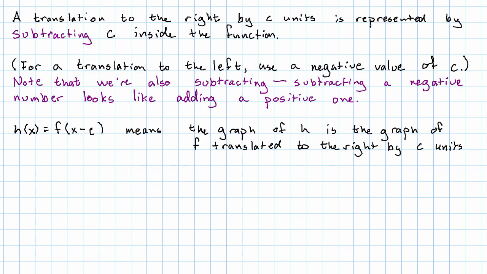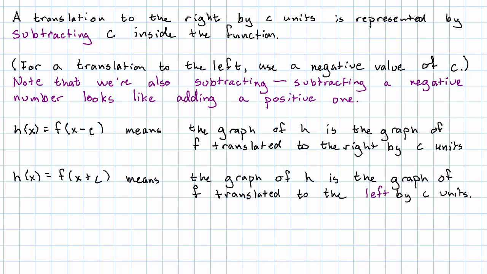We can think of it as f of x minus c means the graph of h is the graph of f translated to the right by c units. Or if we'd rather think in terms of addition, we can turn it around and say that h of x being f of x plus c means the graph of h is the graph of f translated to the left by c units. In the long run, remembering this one is going to be the most helpful.